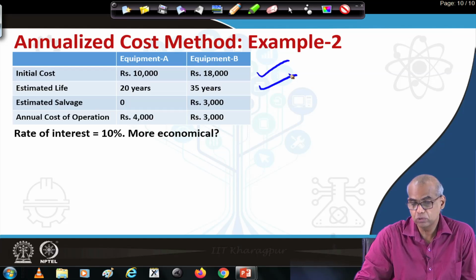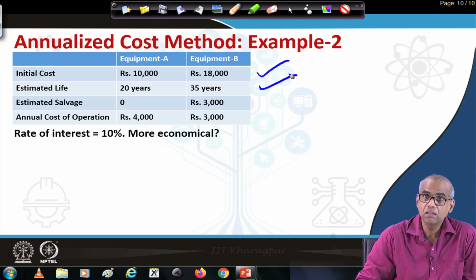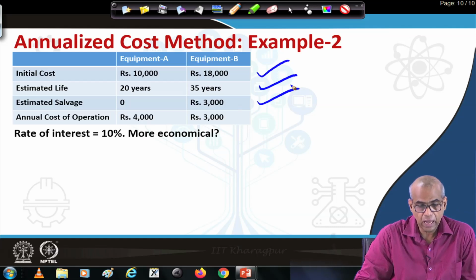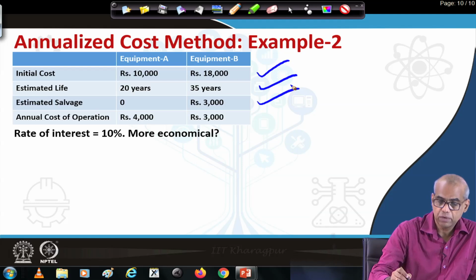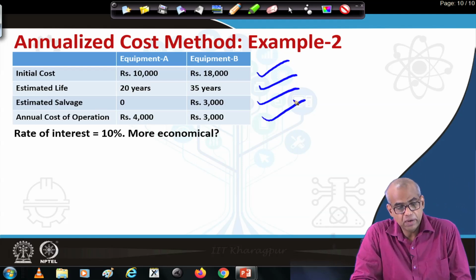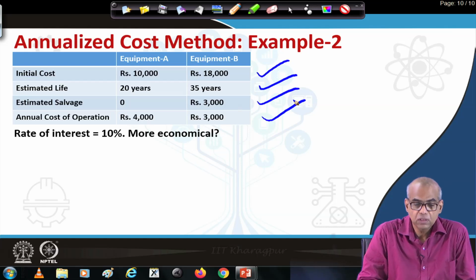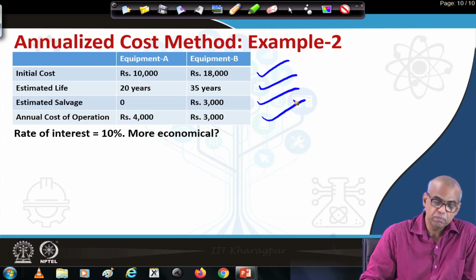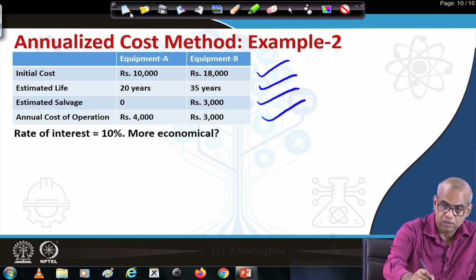Estimated salvage value for equipment A is nil, 0, and that for equipment B is rupees 3,000. Annual cost of operation for equipment A is rupees 4,000 and that for equipment B is 3,000. Assume a rate of interest of 10%, you have to find which equipment A or equipment B is more economical.